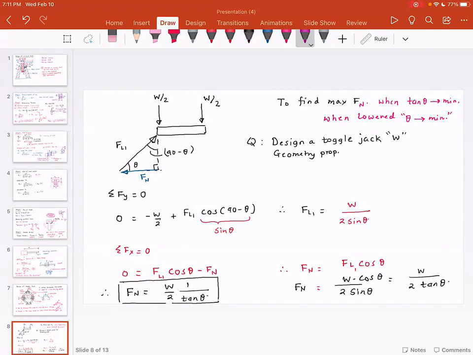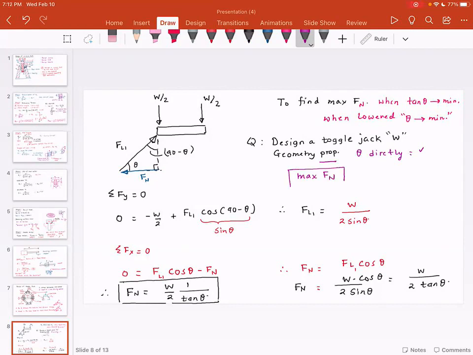So geometrical properties will be given to you, or they will give you the values of theta directly. Based on the values of theta, or based on the geometry, you can find out the value of theta and find out the maximum Fn.